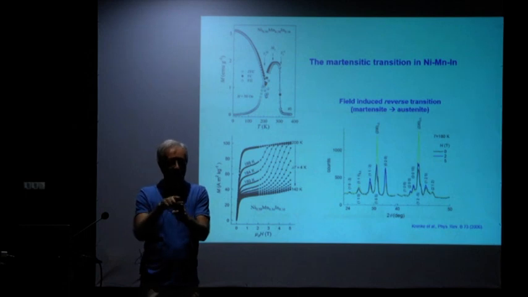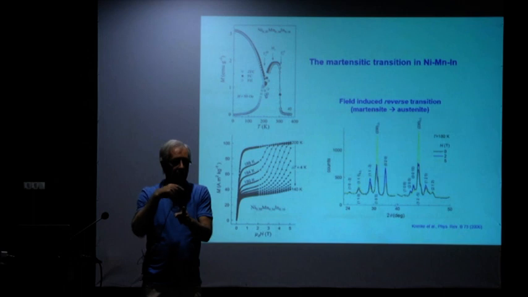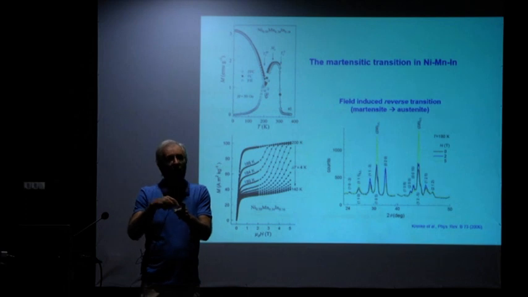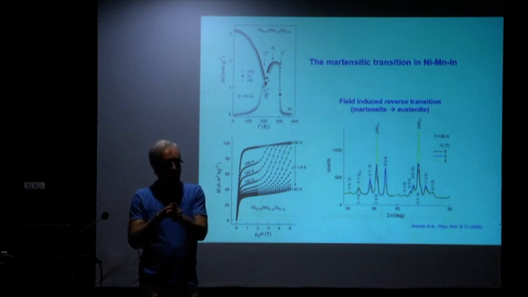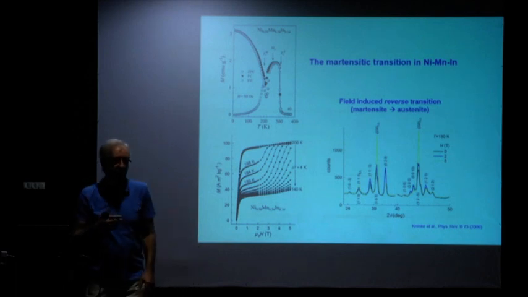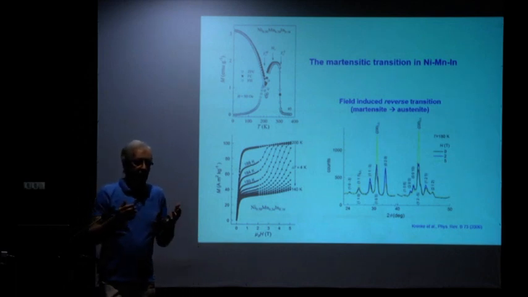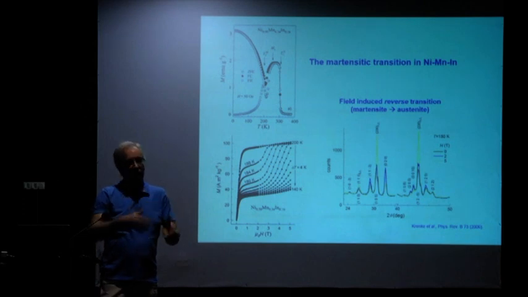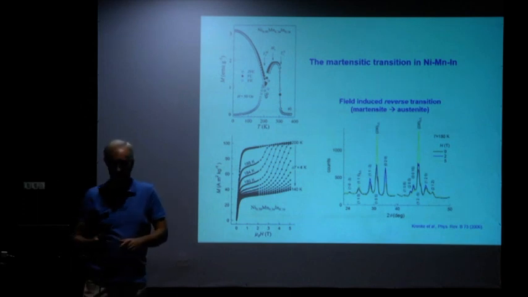So you're applying a magnetic field, interacting with the magnetic moment, supplying energy with the magnetic field, and giving rise to a transformation. So that would be the energy supplied by the magnetic field to overcome the latent heat.